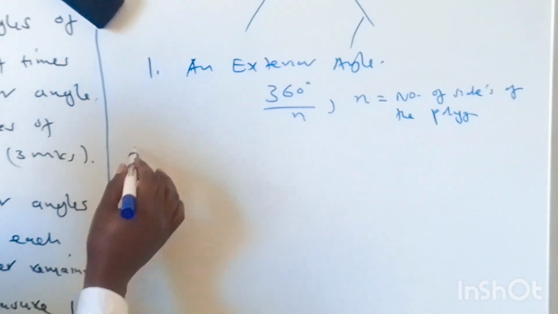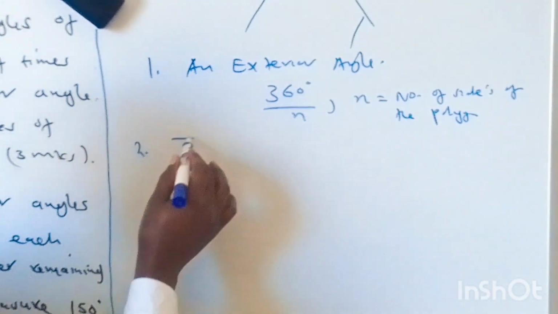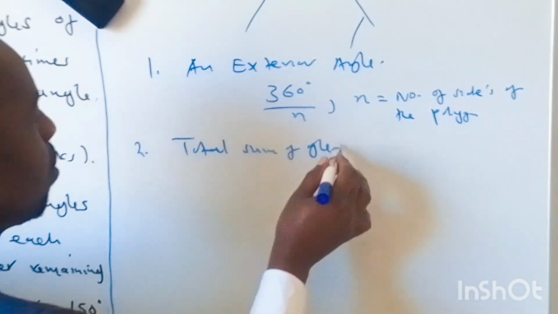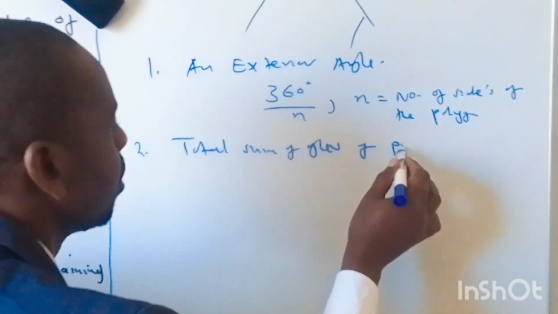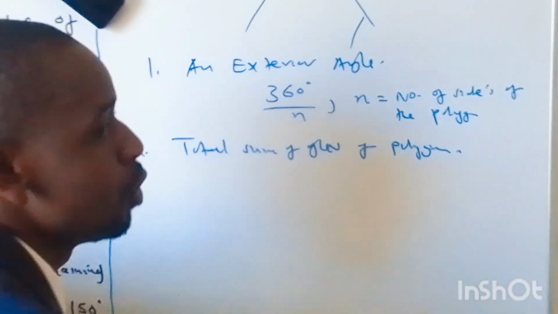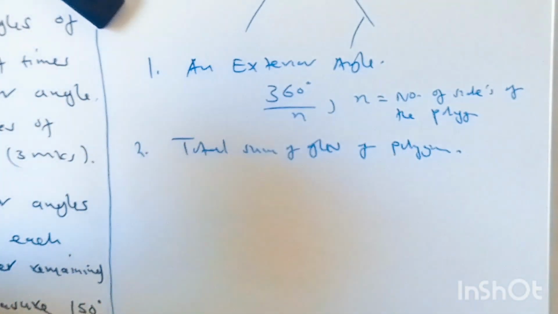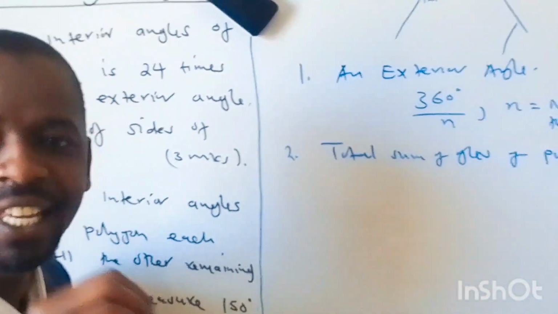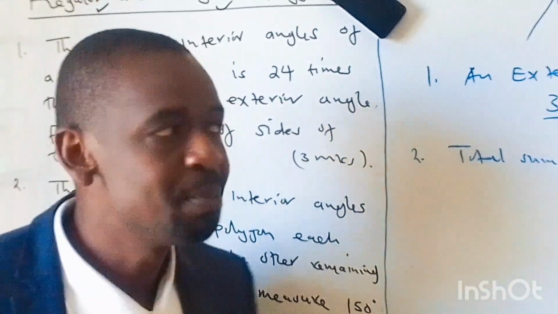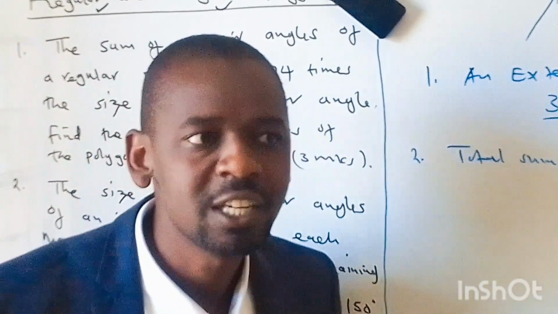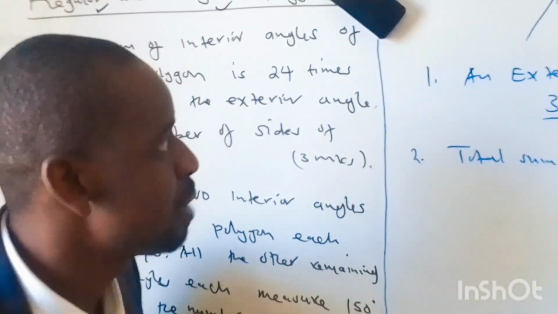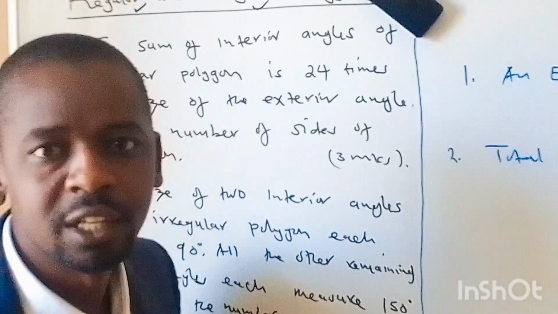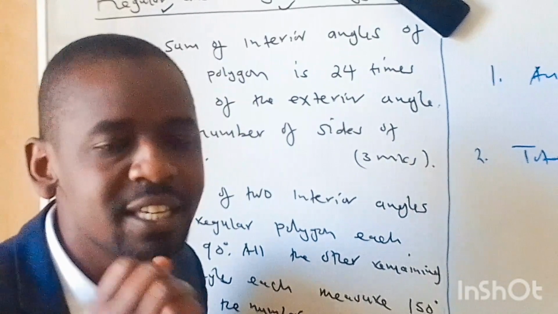Number two, the total sum of angles of any polygon. We don't know how many interior angles a polygon has, so don't say 180 or 360, the way most students make a mistake. It all depends on the number of sides, because a polygon is just a general name. It can have 3 sides, 4 sides, 5 sides, 6 sides.